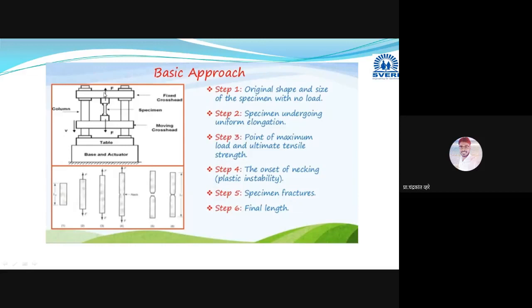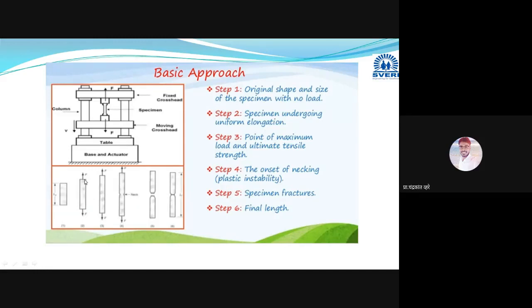This crosshead is movable because of a screw and motor arrangement. And these are the columns for holding the fixed crosshead and moving crosshead. These two columns are with us, and this is the specimen, meaning our component will be at this place. I thought everyone has seen such an arrangement.